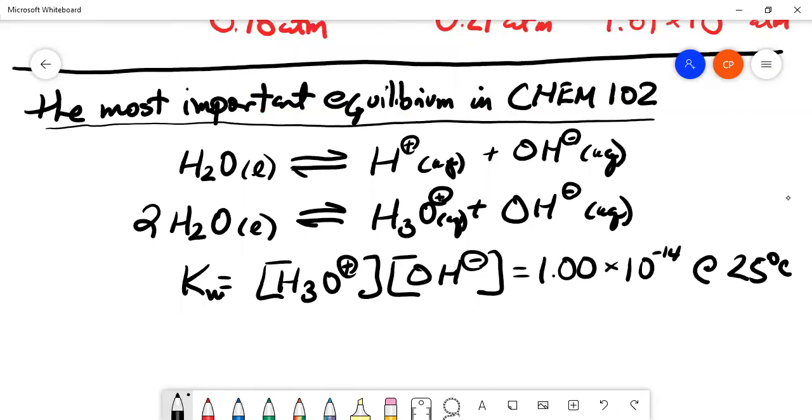Now, the reason why this is the most important equilibrium in Chem 102 is very closely aligned with that number 14. And if you've done any chemistry at all, at any point in your background, you've come across that number 14 when dealing with water or different solutions of water.